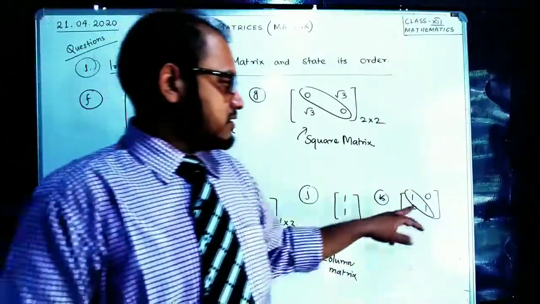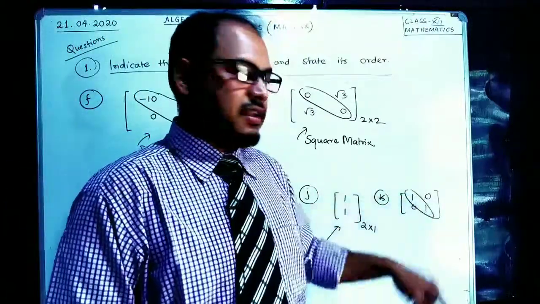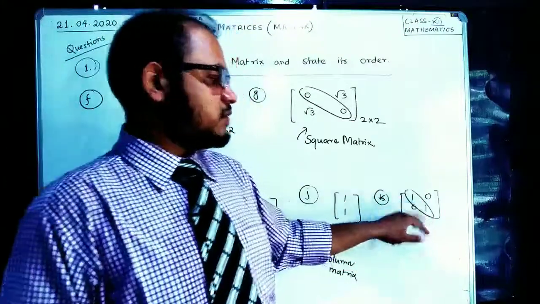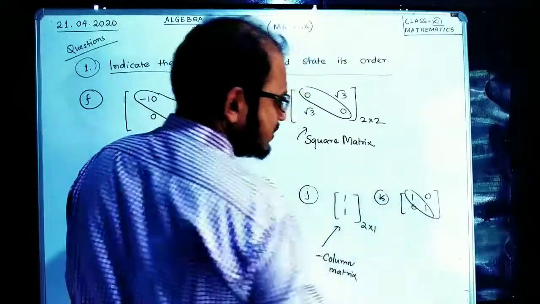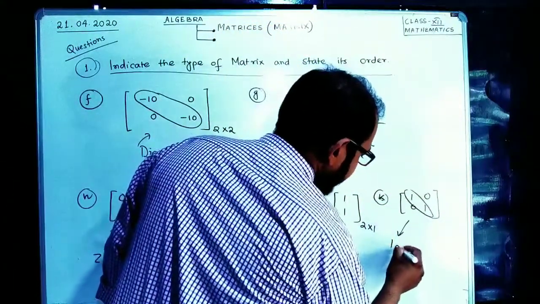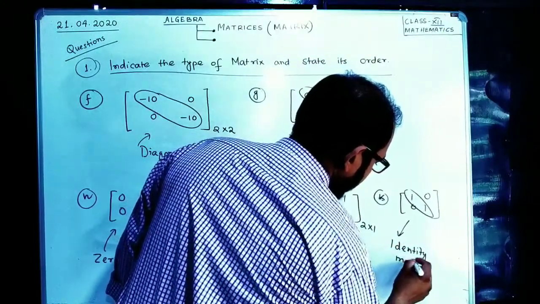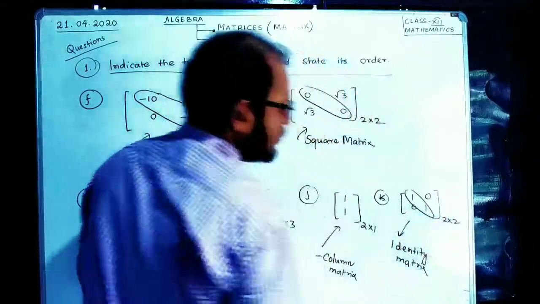Is this a scalar matrix? Yes, it's also a scalar matrix because the diagonal elements are the same, but in the more special domain it's a very specific matrix. We call it an identity matrix because the diagonal elements are the same and they are equal to 1. So we call it an identity matrix of order 2. Fine.